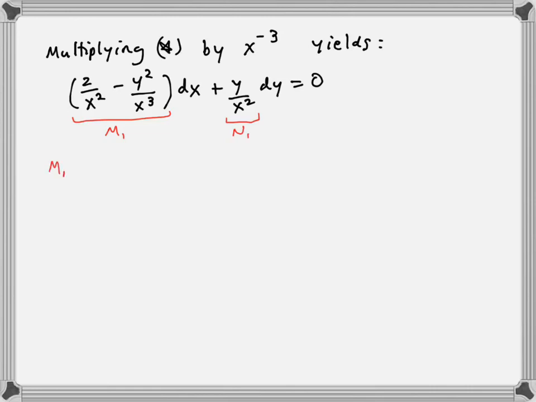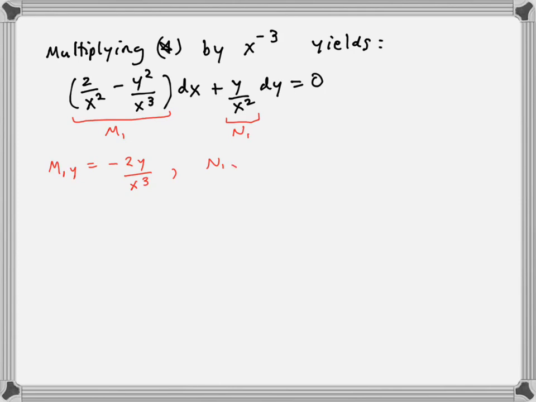So let's test it. What's m1y? Partial of m1 with respect to y. This is going to be negative 2y over x cubed, right? What would the partial of n1 be with respect to x?